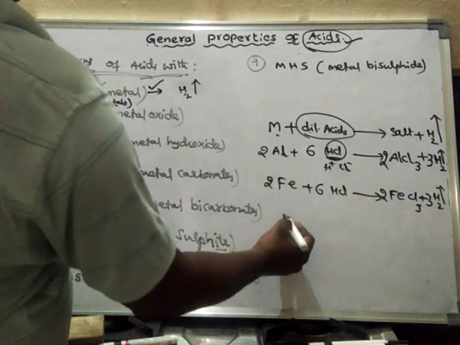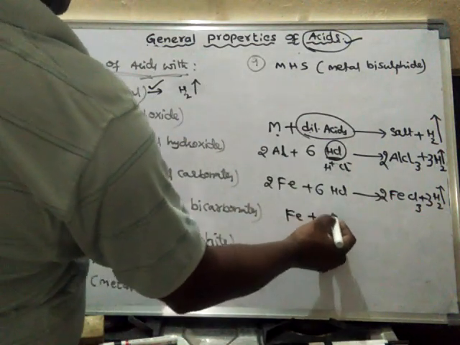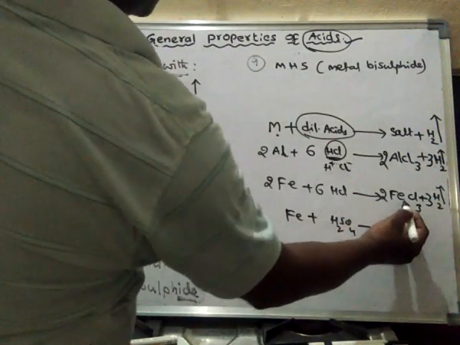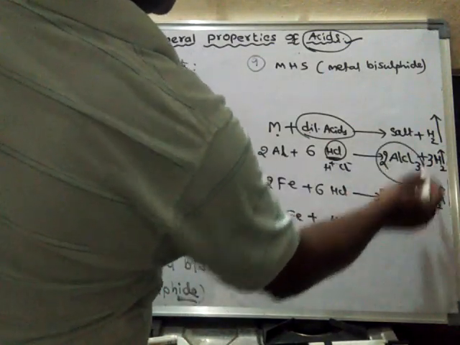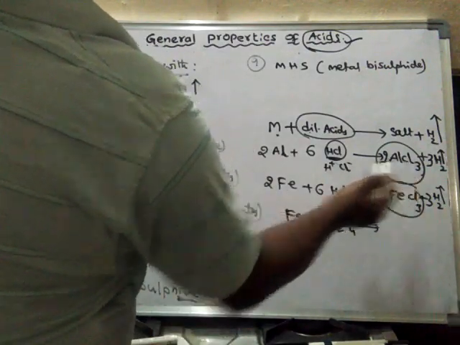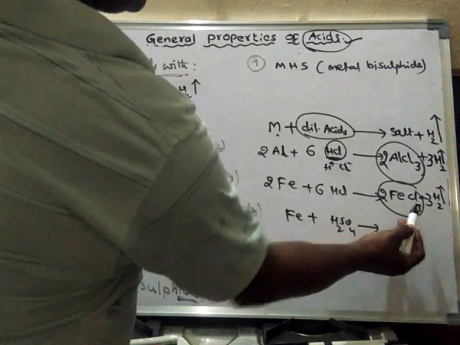Suppose it is made to react with dilute sulfuric acid, it forms, so these are what? Salt. This is a salt, aluminum chloride, a salt of aluminum with chlorine. This is a salt of iron with chlorine.